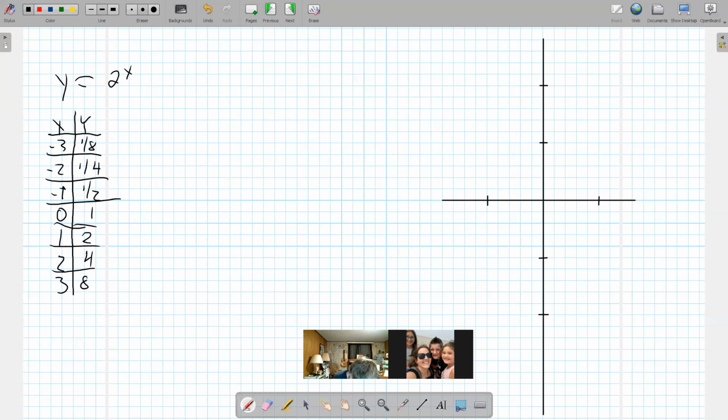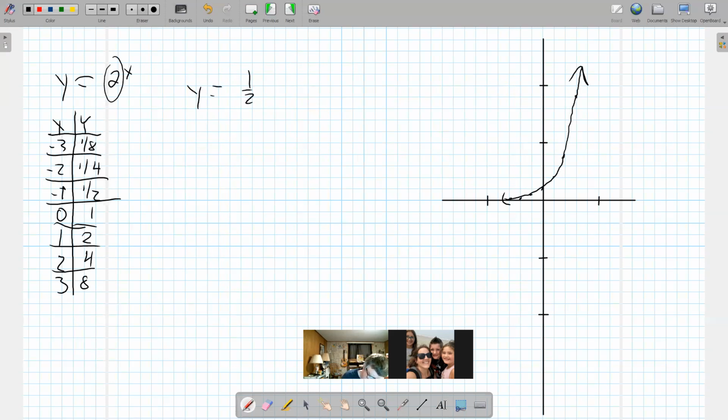Okay, and again, I've got this graph. Looks like that. Now, as the base got larger, 3 to the x, 4 to the x, 5 to the x, it climbed steeper, faster.